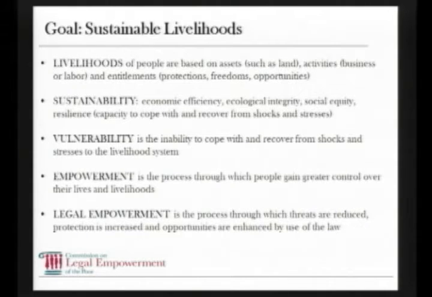It's the inability to cope with shocks and stresses. And for a lot of the work on sustainable livelihoods, the entry point is really about people's assets, including their capacity to cope with and recover from shocks and stresses. And legal empowerment, or empowerment generally, is one way through which people gain greater control over their lives and their livelihoods. So these concepts and these ideas are intimately linked.